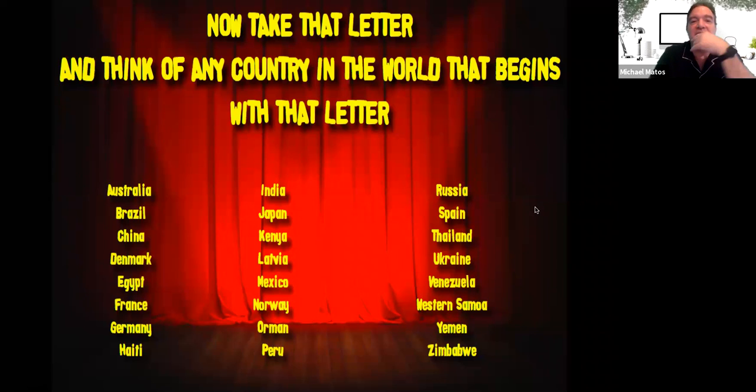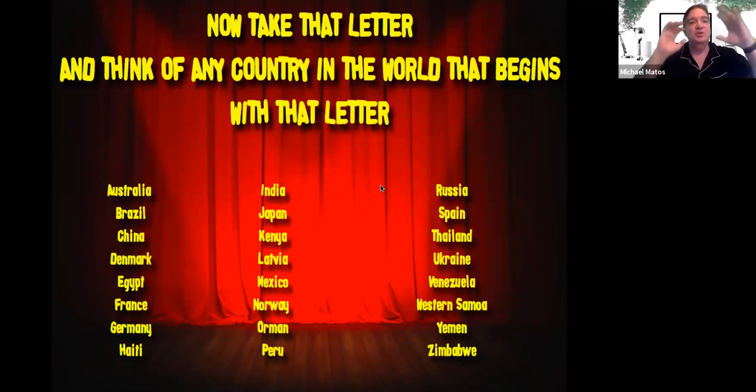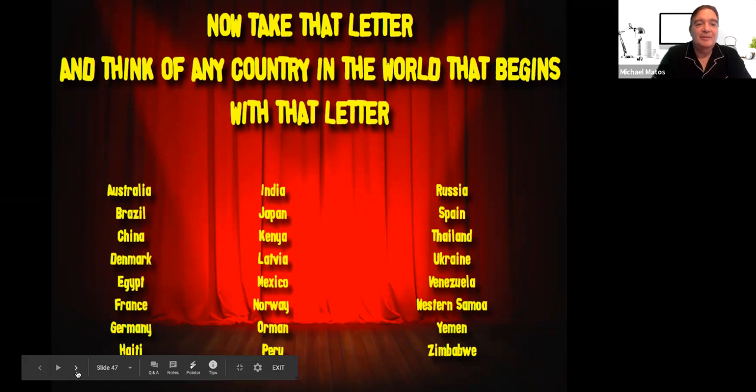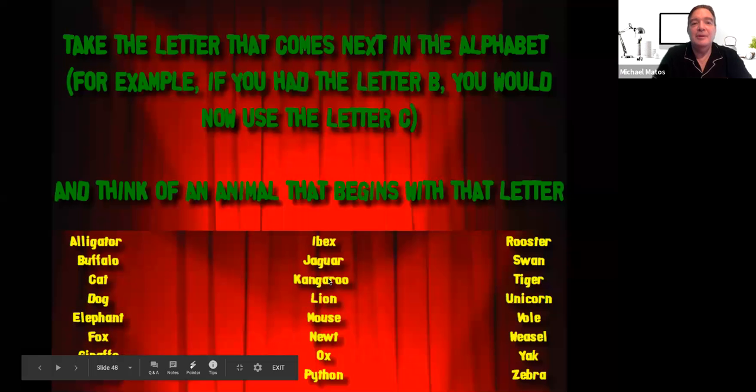But these are just examples, okay? So once again, just choose a country. With the letter, the number that corresponds to that letter, use that letter to choose a country. So hopefully you have a country written down.